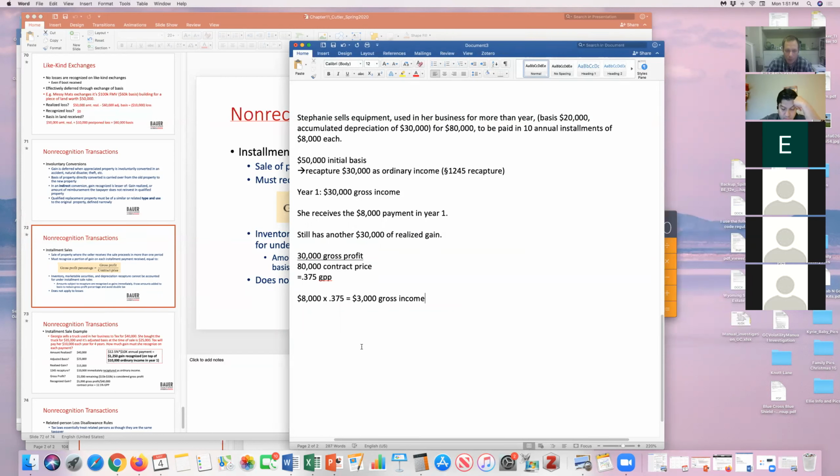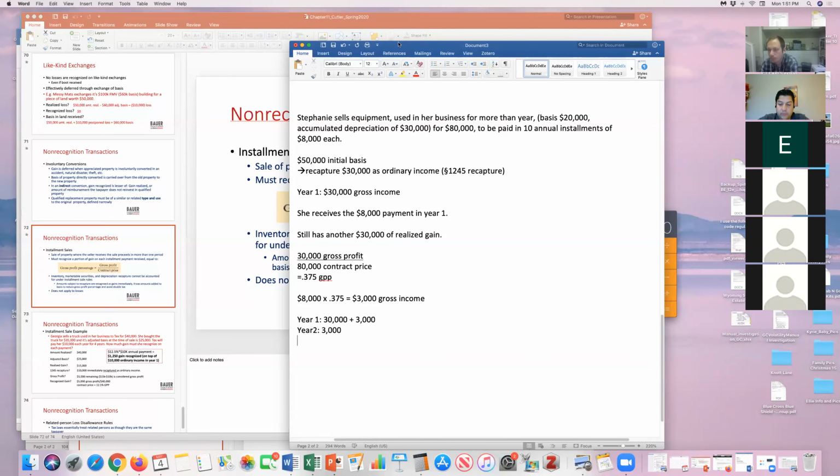So for year one, she's going to have the 30,000 plus 3,000. In year two, it's just going to be 3,000, and so on. Year 3 through 10, she'll have 3,000. It's kind of intuitive. So that's our deferred income from chapter 11.